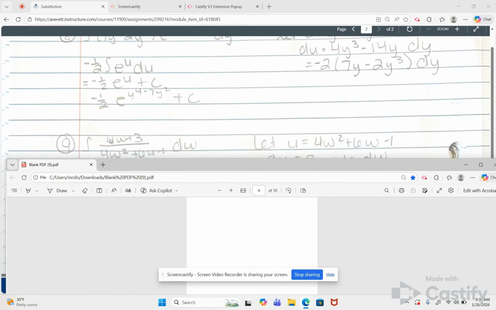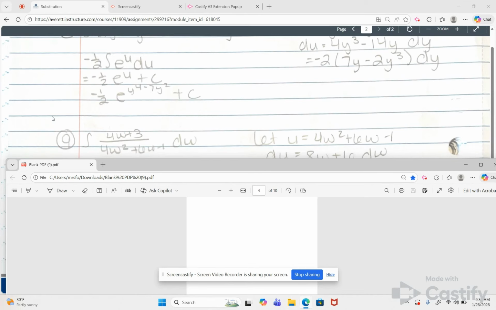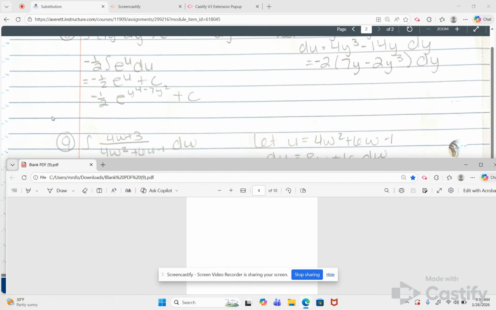All right? Number 9. Now, this one is a little different. It's written as a fraction. And so when we want to look at this, I look at the denominator here, and that is a higher exponent. So I should know if I choose that to be my u, then when I take the derivative of it, I'm likely to get something in the terms, you know how the numerator has 4w's to the first power?